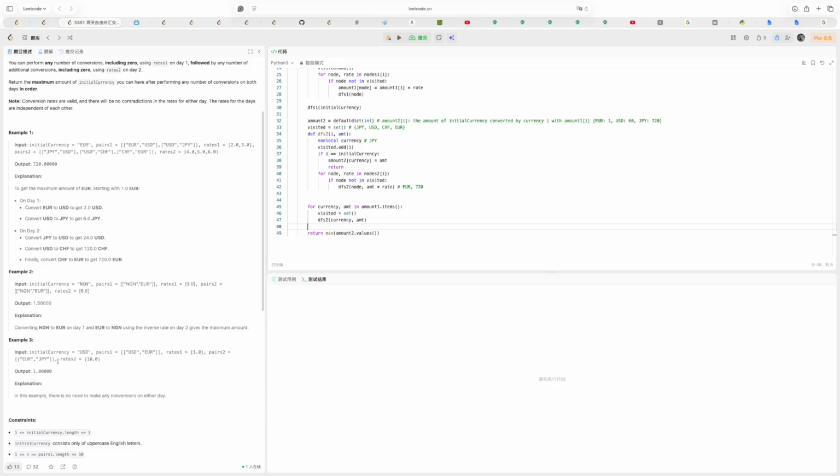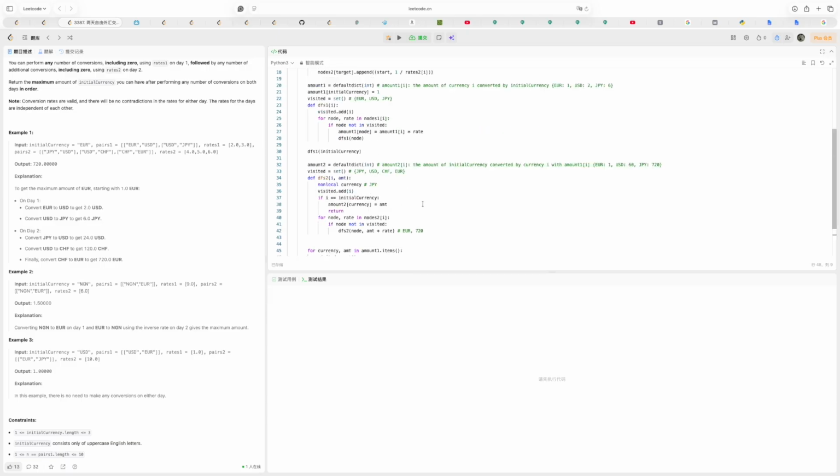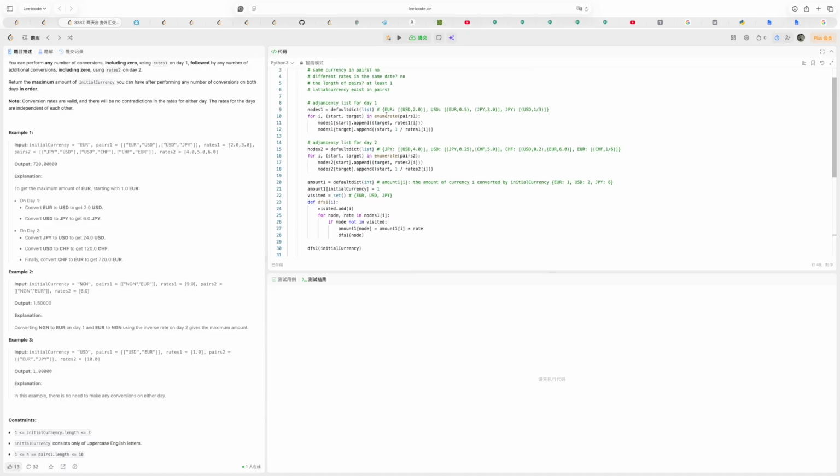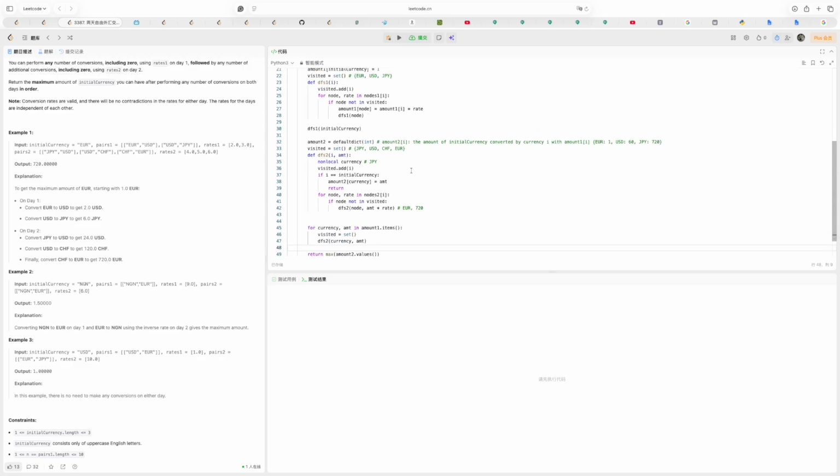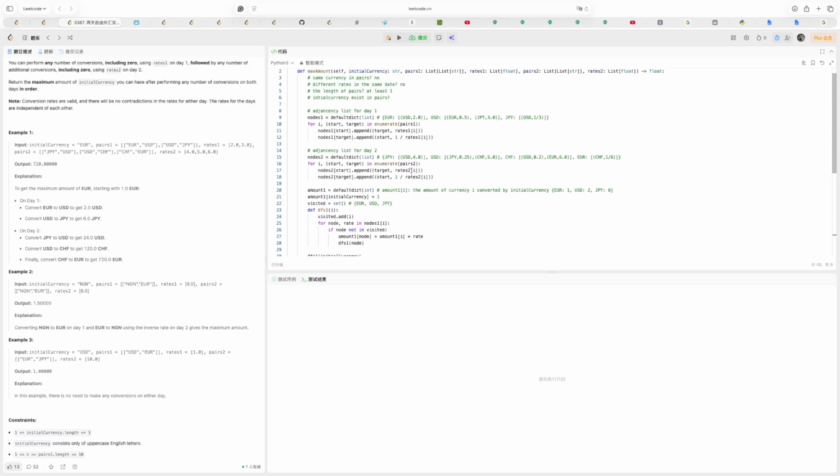Maybe we can try example 3, since there's no need to make conversions. So for example 3, the adjacency list will be: for day 1, euros to USD is 1, and USD to euros is 1 as well.